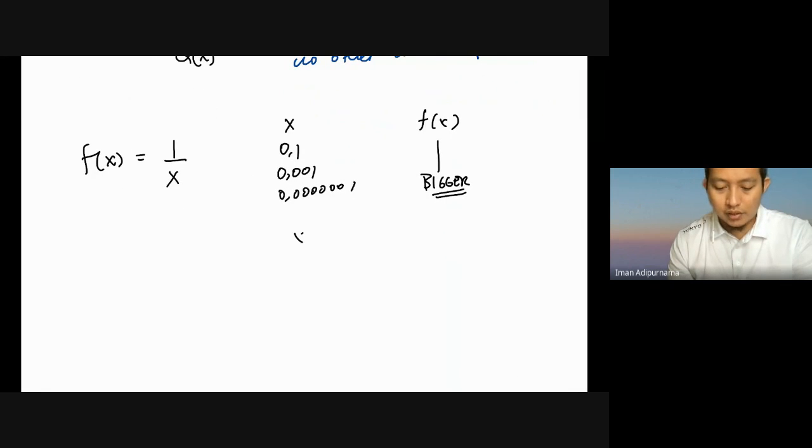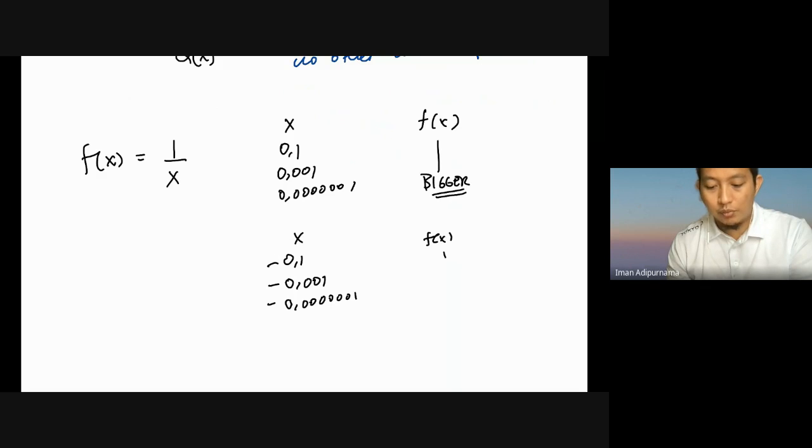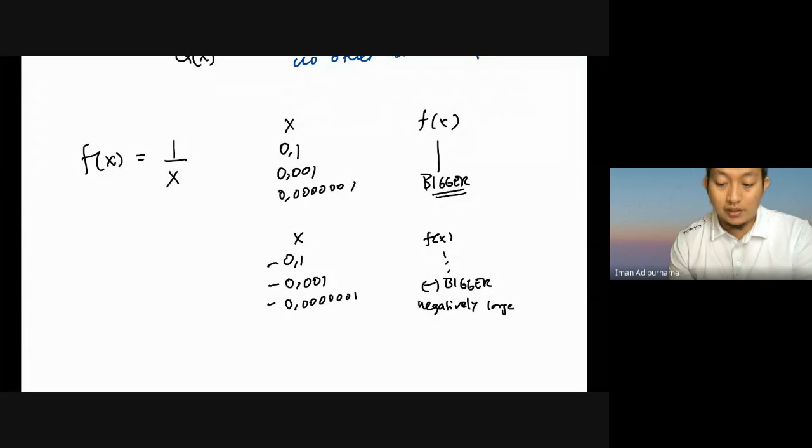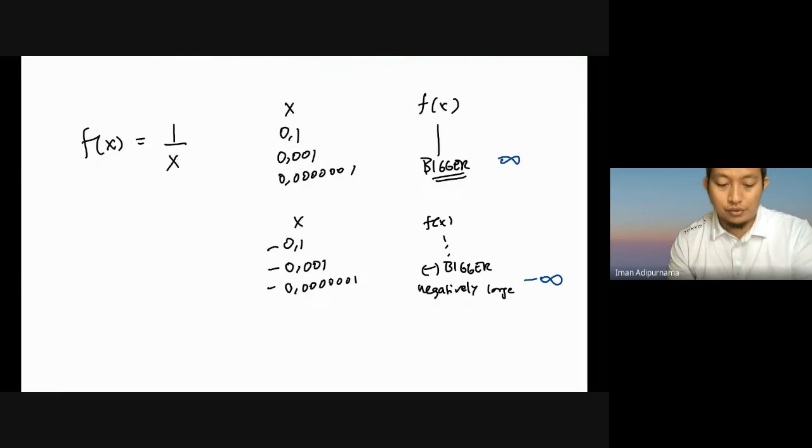You can also check with -1, nearby 0, closer to 0. Check the negative values and you will see it is getting bigger, but negative. Negatively large. So we can see this is approaching infinity, and this is approaching negative infinity. If you check from the table also.